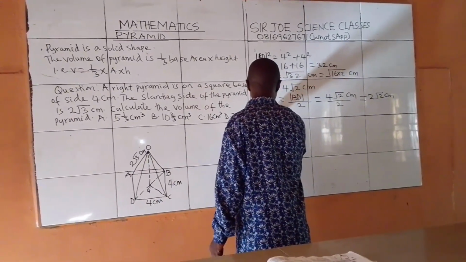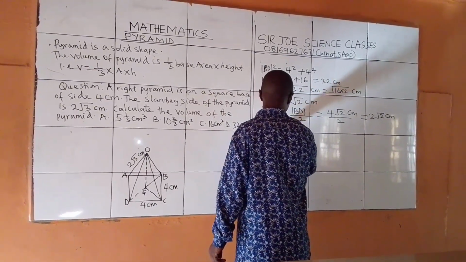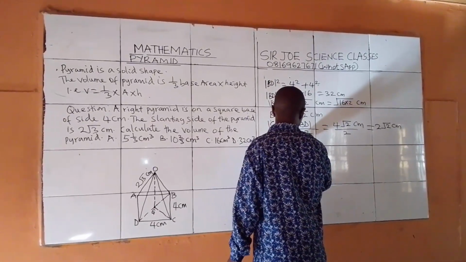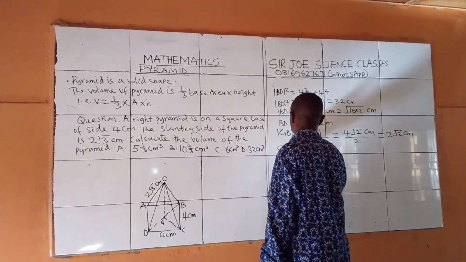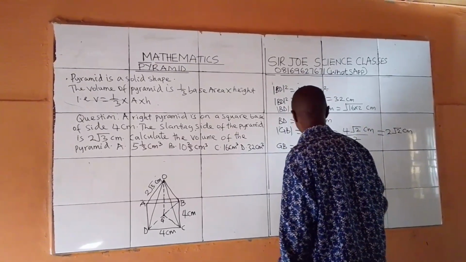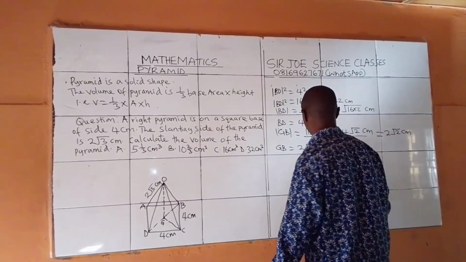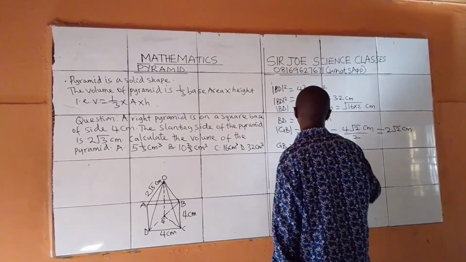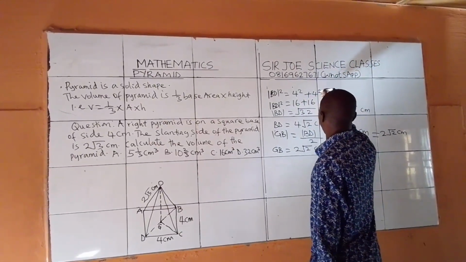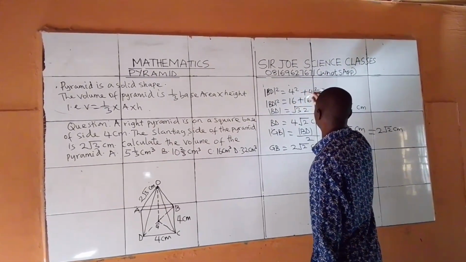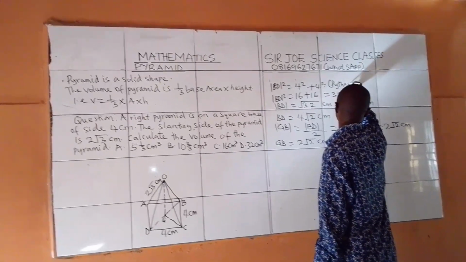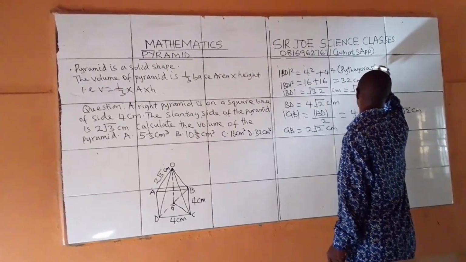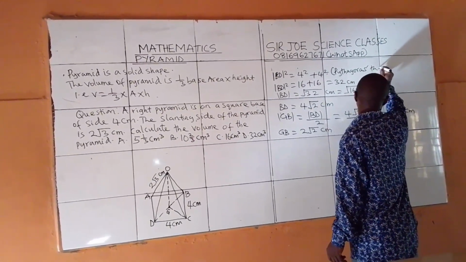So GB is equals to 2√2 centimeter. Now this aspect of using the square is Pythagoras theorem.